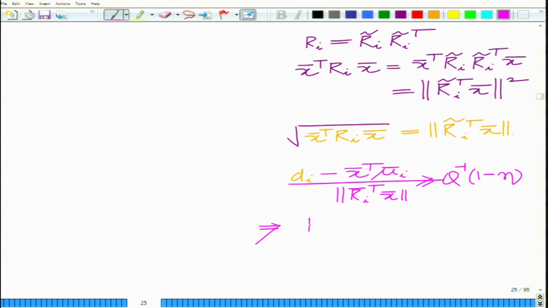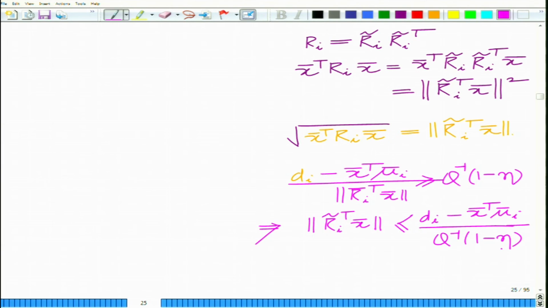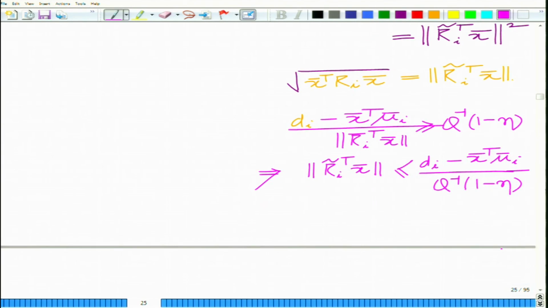So you can write this as the norm of R_i tilde transpose x bar is less than or equal to (d_i minus x bar transpose mu bar_i) divided by Q inverse of 1 minus eta.